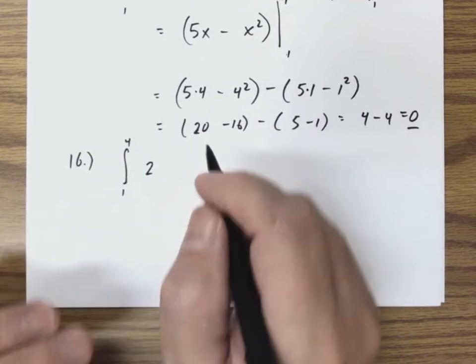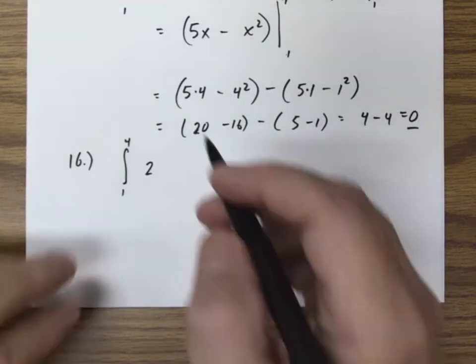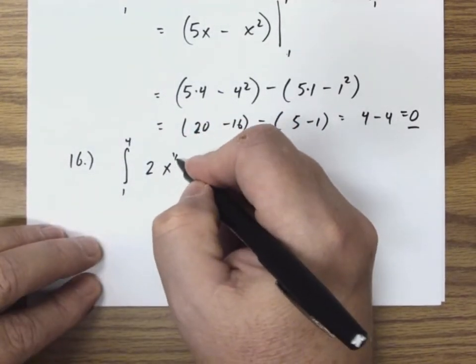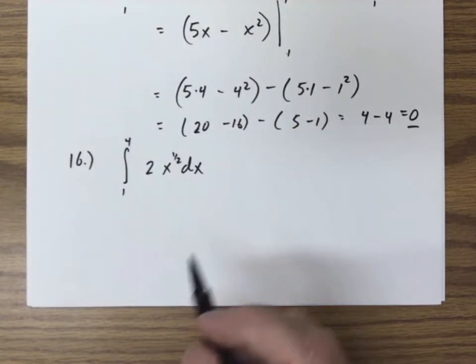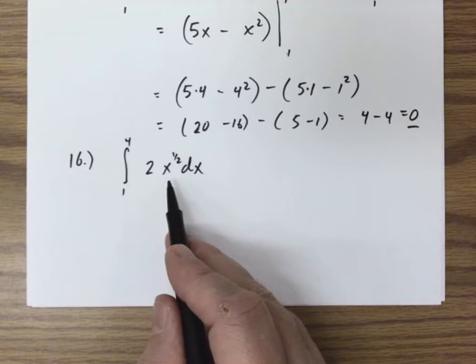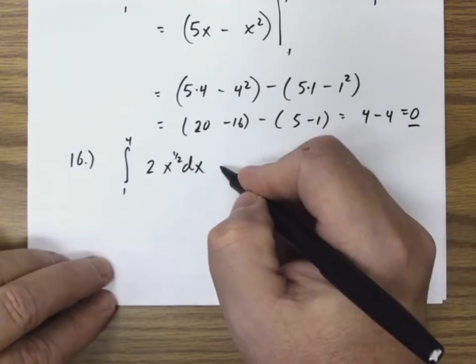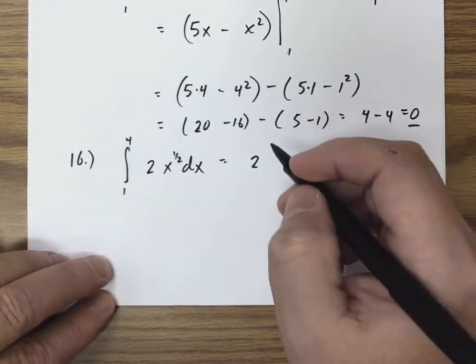Now this original problem is square root of x. I'm going to save a step and go ahead and switch it to x to the 1/2. Do I know how to take the integral of this? Yeah, this is a power rule problem, right? 2 goes out front.